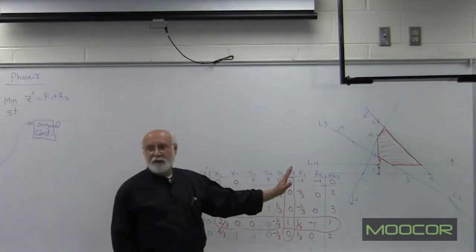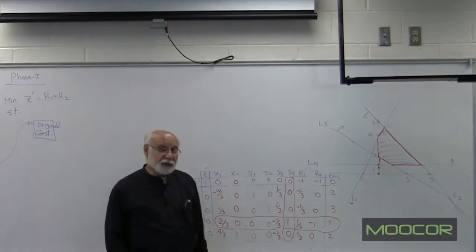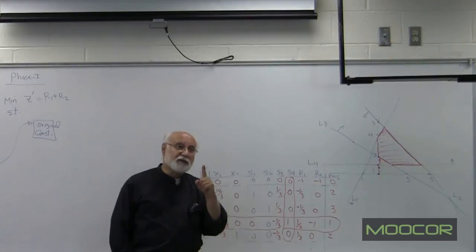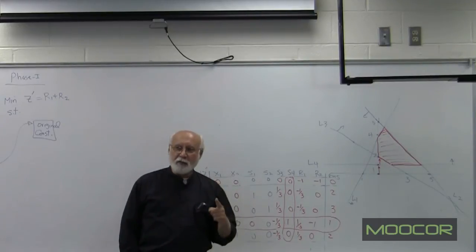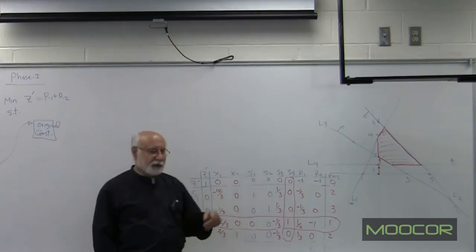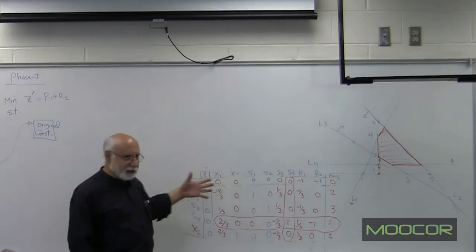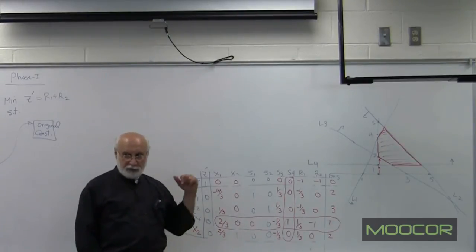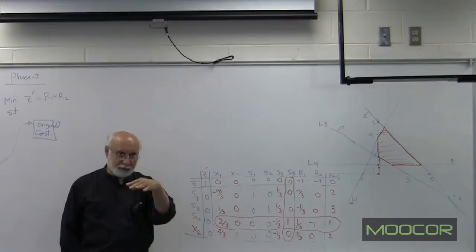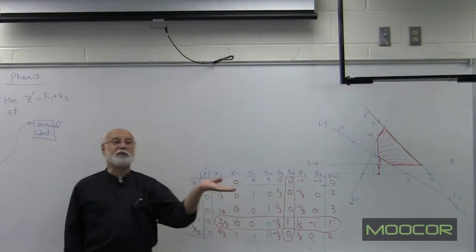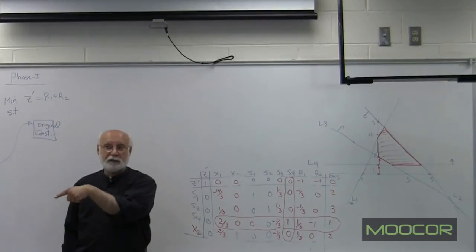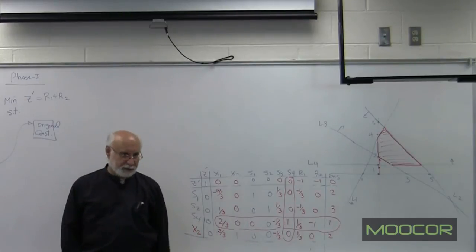So we do have now a solution which is, the key word is, feasible. The moment that you reach a feasible solution, there are several clues in the tableau. First of all, if you look at the z prime row in here, everything is going to be 0 with the exception of 2 minus 1s underneath the artificial variables.